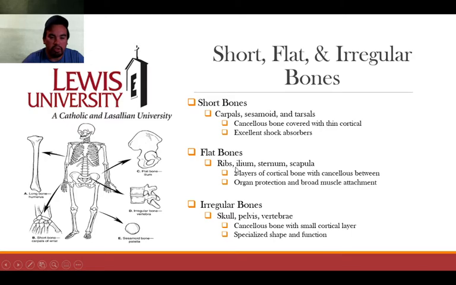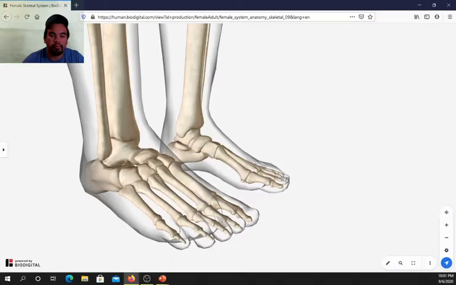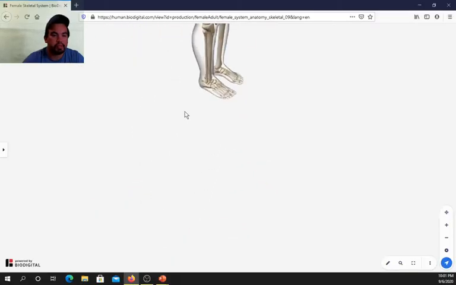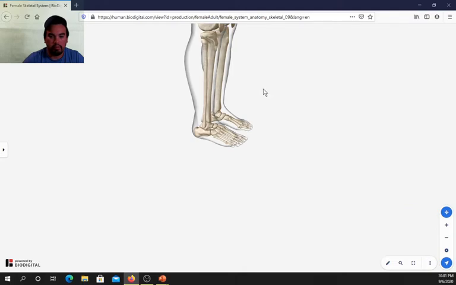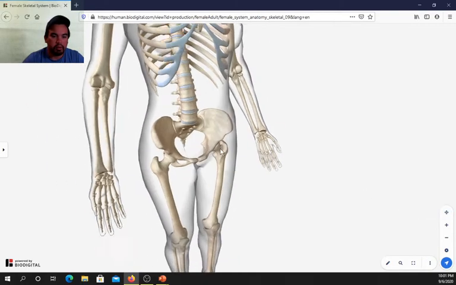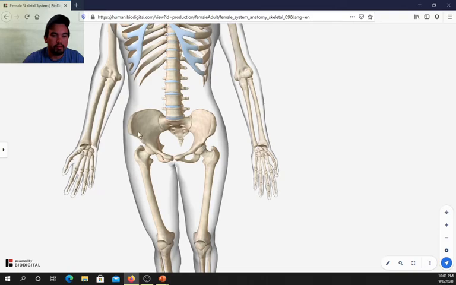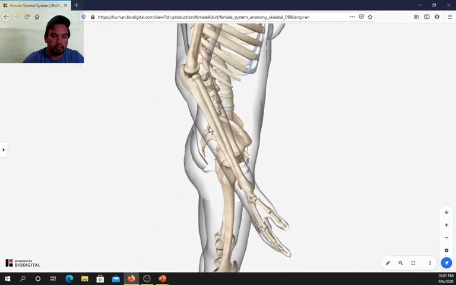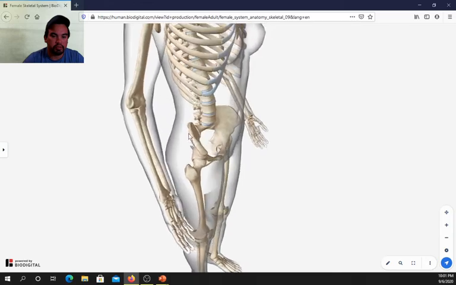Our flat bones are our ribs, our ilium, our sternum, and our scapula. Here we go. Our ilium here, it's thicker, but it's relatively flat, right?